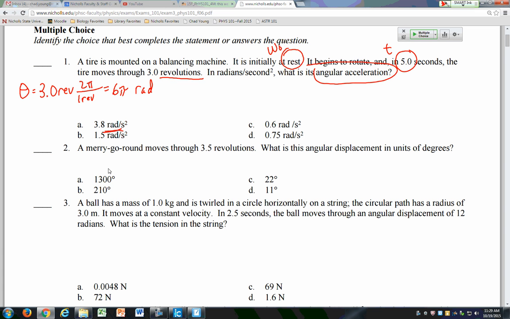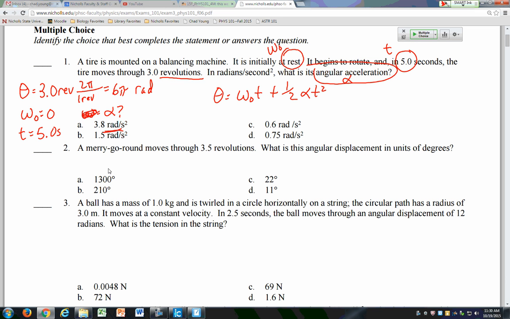What do we call that? That's my alpha. So I know omega naught equals 0, and t is equal to 5 seconds. I want to know what is alpha. I can use this equation of my kinematics equations.